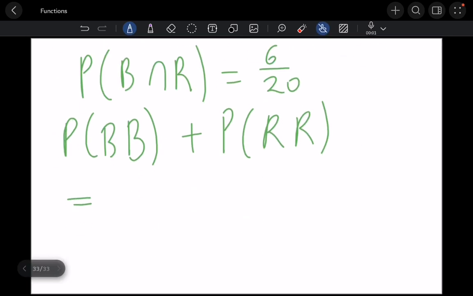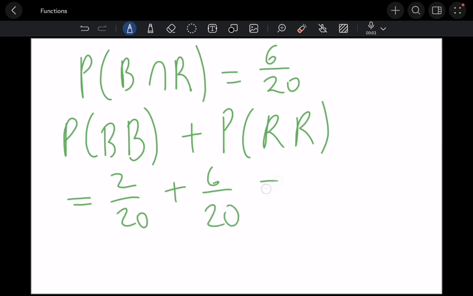So we'll have 2 over 20 plus 6 over 20, which will give us 8 over 20. 4 in here is 2, 4 in here goes 5 times. So this is the probability.